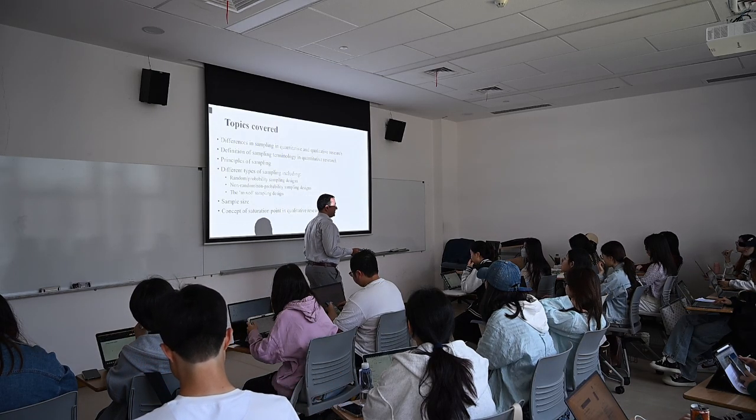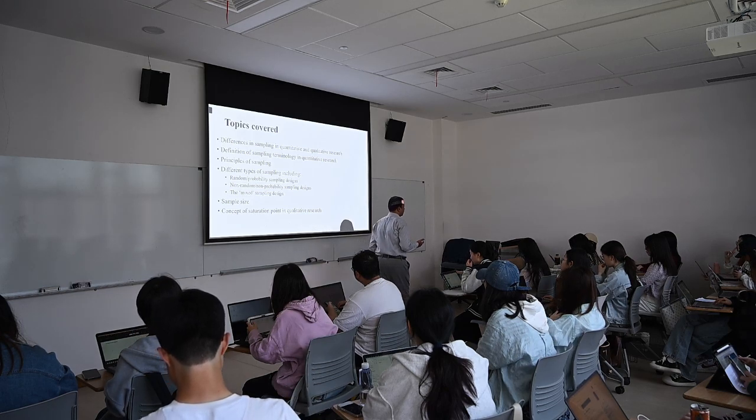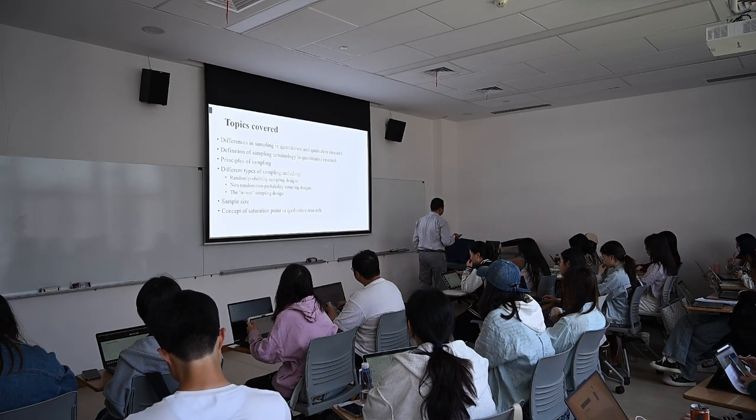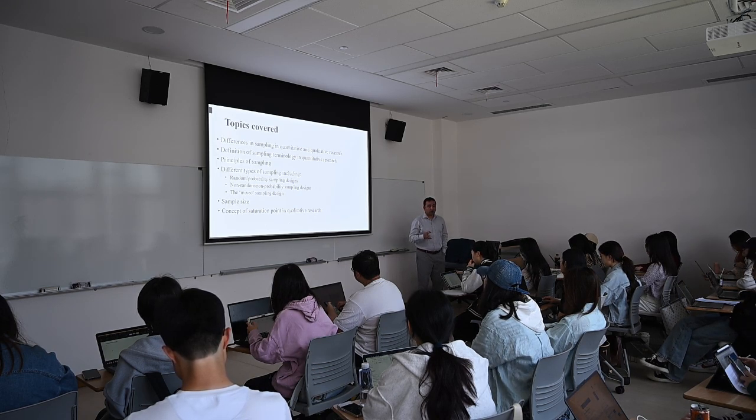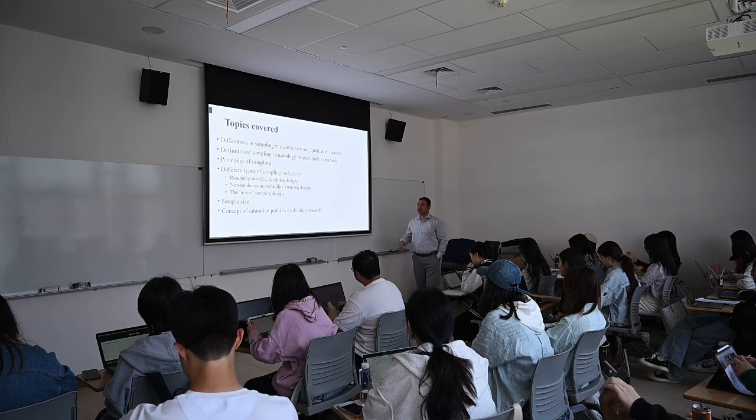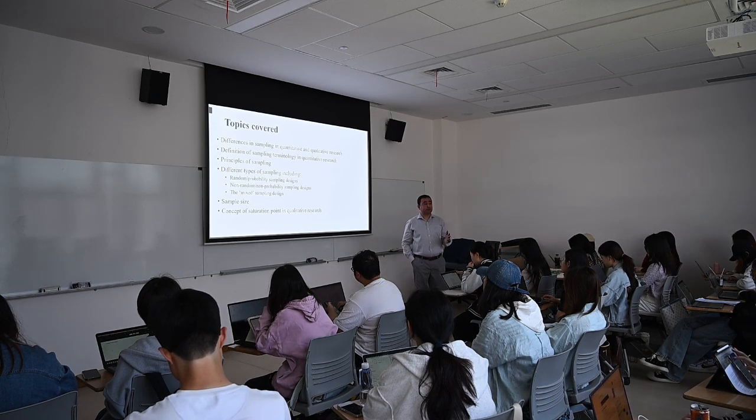Then there are three principles of sampling. We will also study these three principles. These are important. If you want to do quantitative research, we need to understand these three principles.